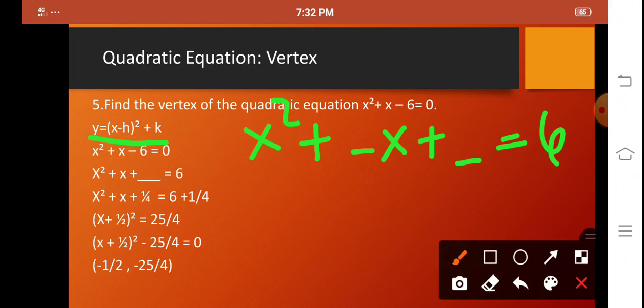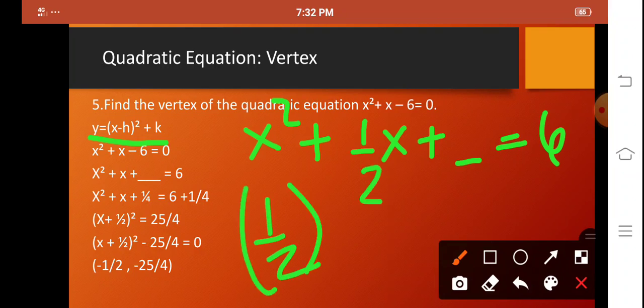Now the value of b here is 1, or any value of b there, you are going to divide it with 2, then square it. So the result is 1 over 4.